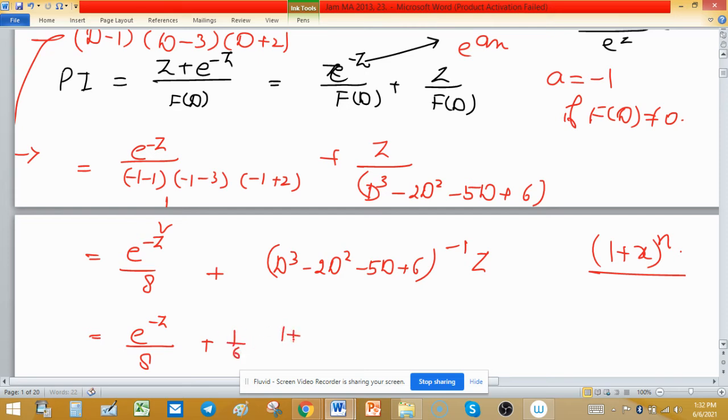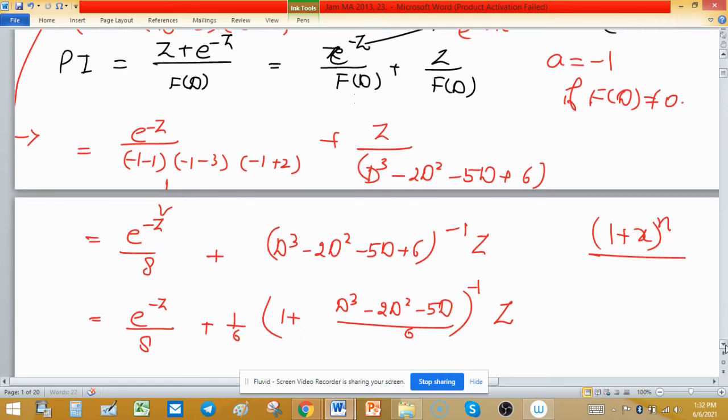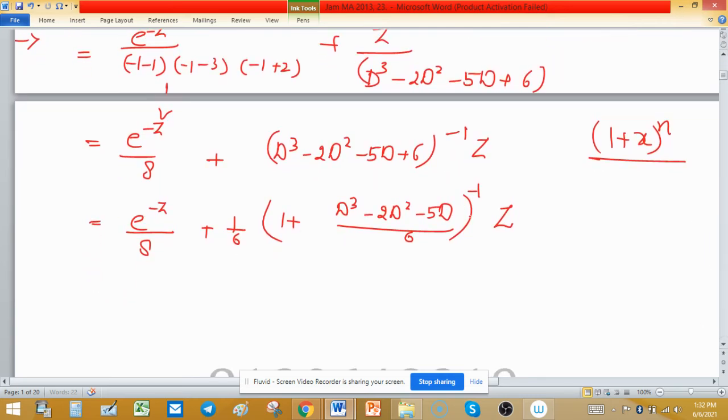It will become 1 plus (D cube minus 2D square minus 5D) upon 6, and this is power minus 1, and this is z. So only 1 plus nx will work, and other higher terms there is no need to write. Why no need to write, you can see in the next step.